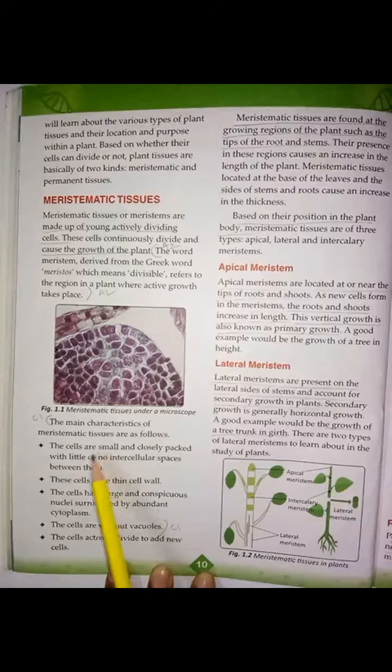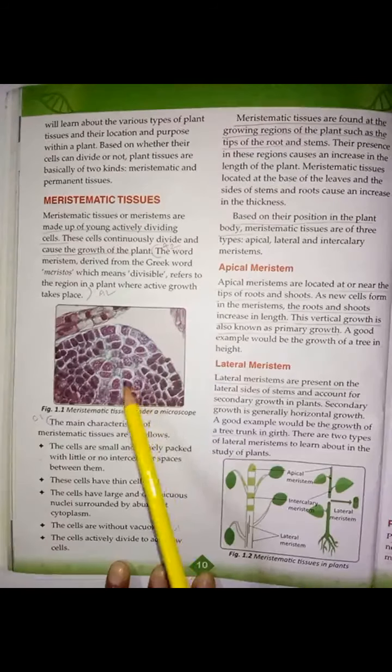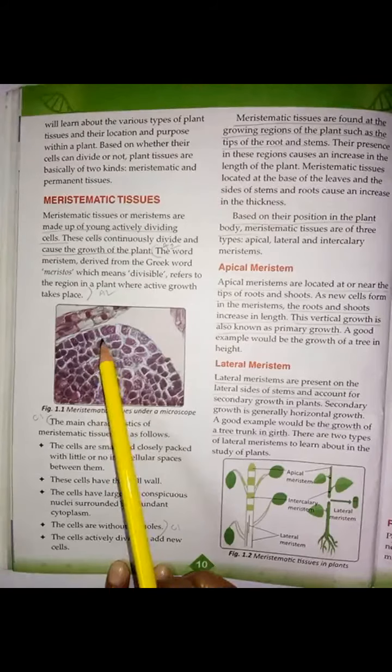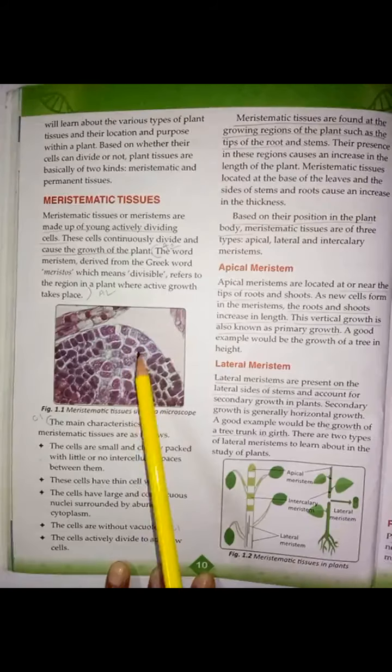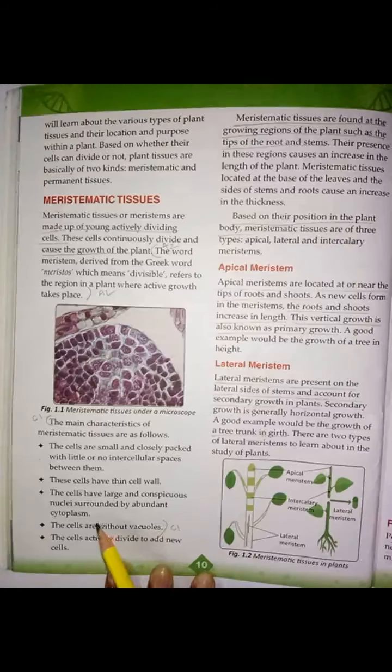Now let us see what are the main characteristics of the meristematic tissue. The cells of these tissues are small and closely packed with little or no intercellular space between them. That is, they do not have any space between them, or you can say that the space is very less between the cells. These cells have thin cell wall. The cells have large and conspicuous nuclei surrounded by abundant cytoplasm.